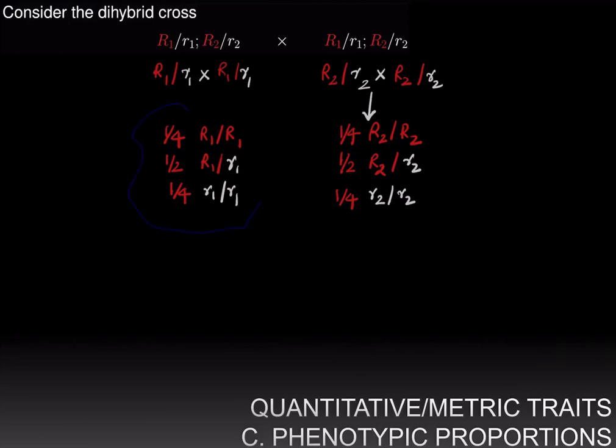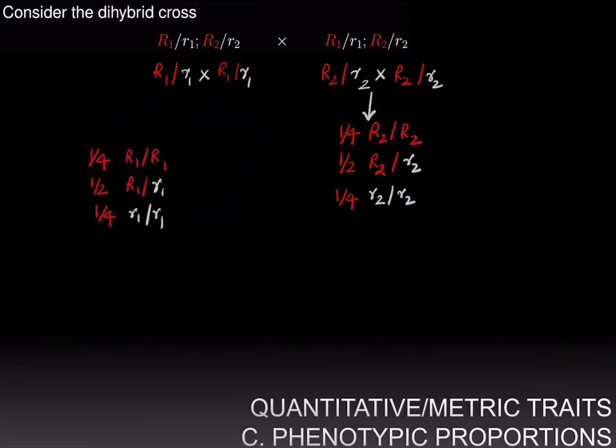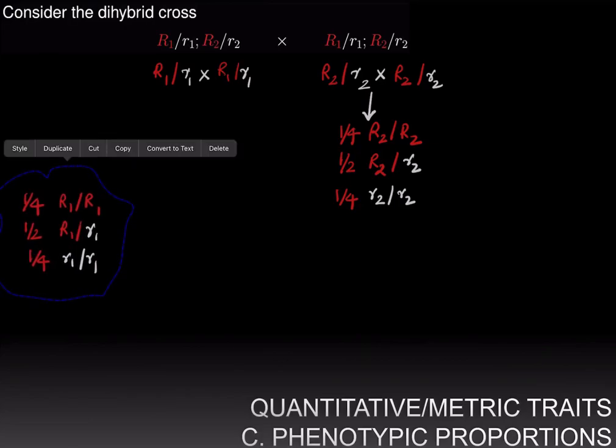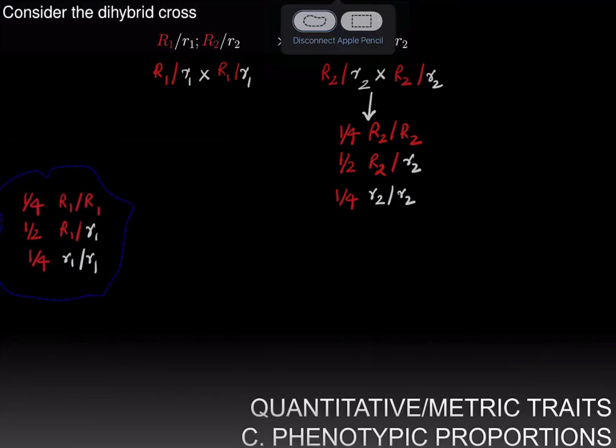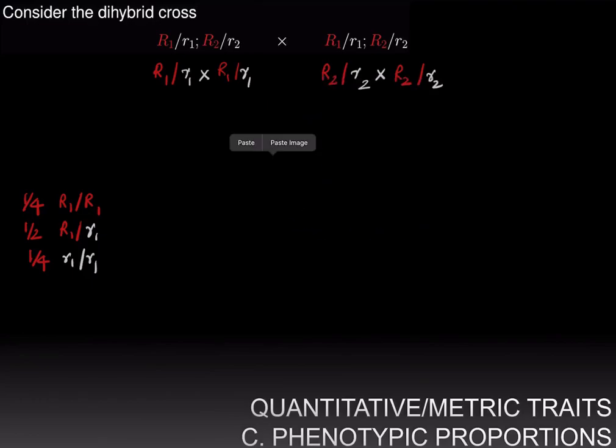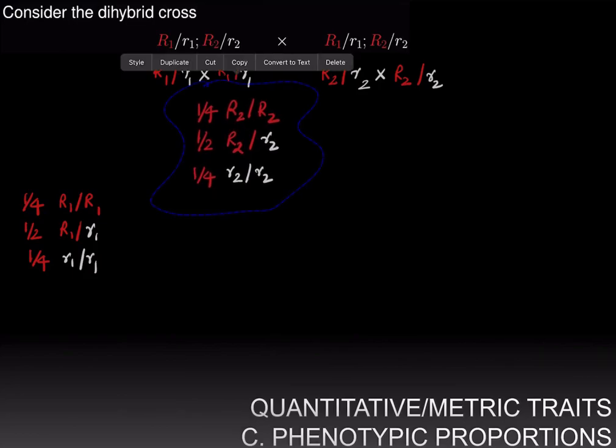So I'm going to take all my genotypes for the first trait and put them over here, and then I will take the genotypes of the second trait and synthesize all the possible combinations in a branching diagram.